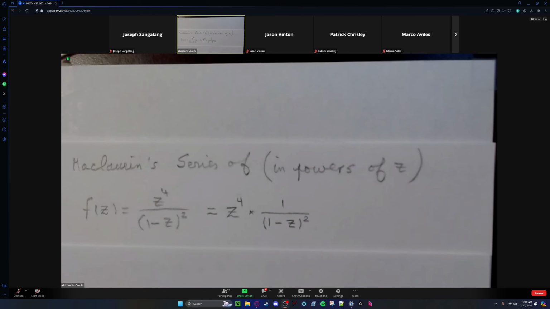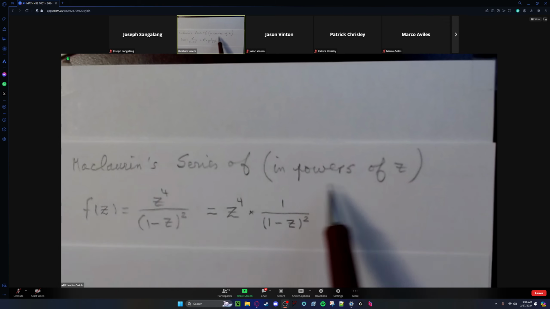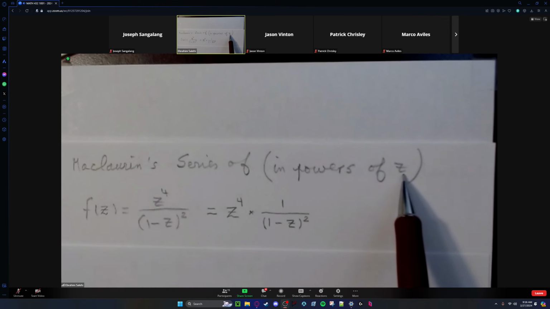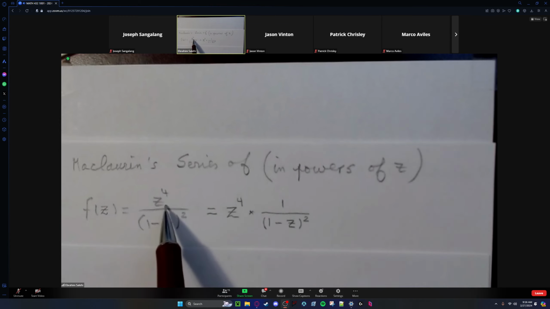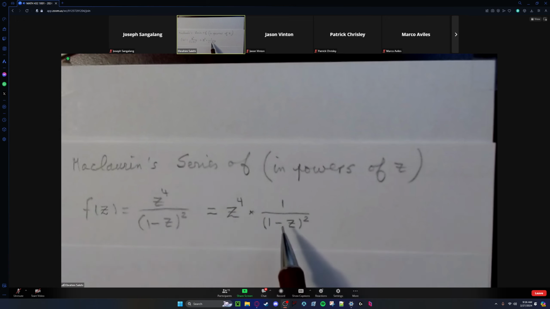Well, Maclaurin series, again, means in powers of z. When you are writing in powers of z, we don't have any problem with this. It is already in powers of z. This is the part that we need to work on.